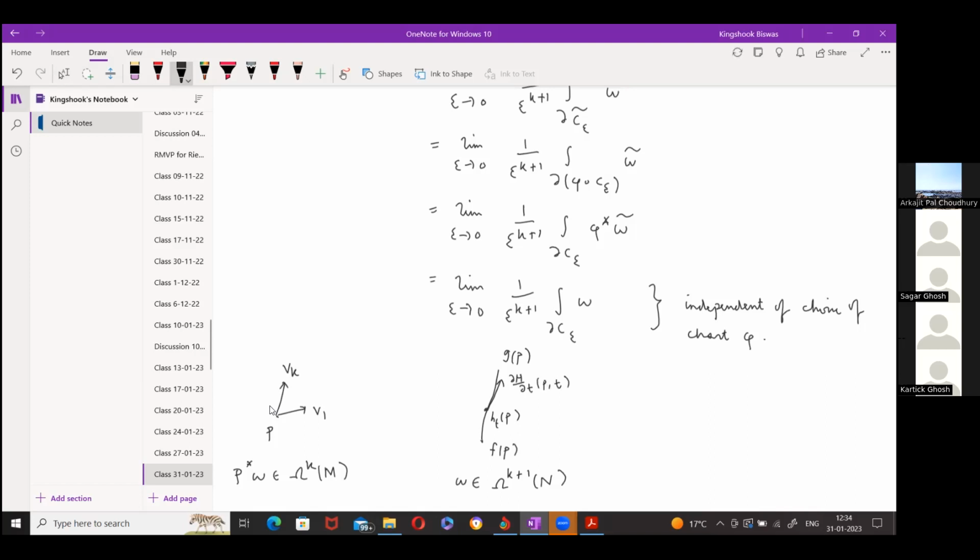Is that clear? That's the tangent vector to this curve, h_t(p). And then I apply at each time t the derivative of h_t to these vectors v1 to vk. So that gives me vectors here, dh_t v1 up to dh_t vk. Is that clear?